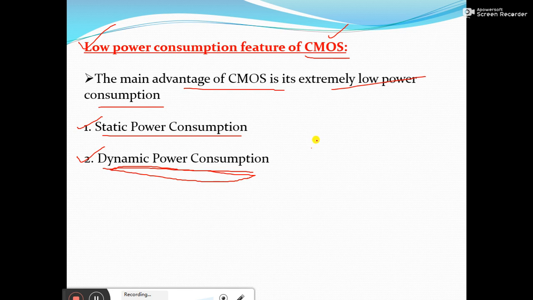Let's say the output is changing from 1 to 0 or 0 to 1, or if you represent this with a waveform, these are the levels, or you can say these are the static conditions, and this is the point of time where the value is getting changed from 0 to 1, or this is the point of time where the value is getting changed from 1 to 0.